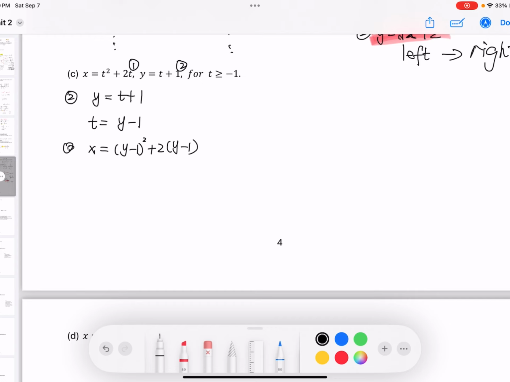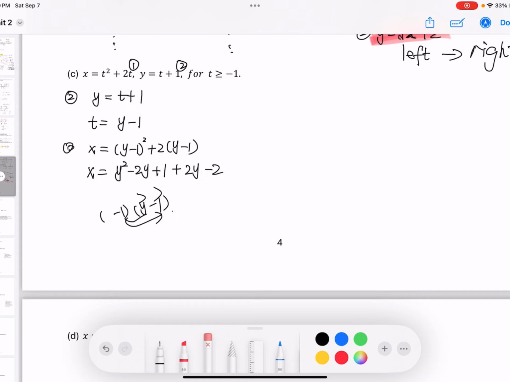Oh, this one, maybe we need more computations. Let's expand (y minus 1) squared. This is a perfect square trinomial. You can also have (y minus 1) times (y minus 1) and do the distribution, or just use the perfect square trinomial to FOIL it, expressing it as y squared minus 2y plus 1, plus distribute the 2y minus 2.